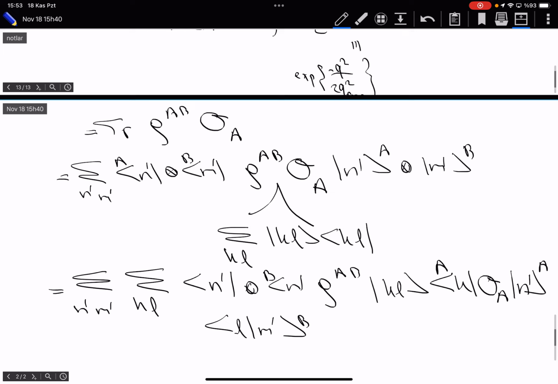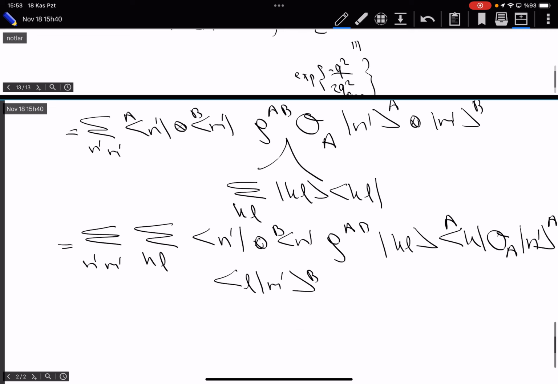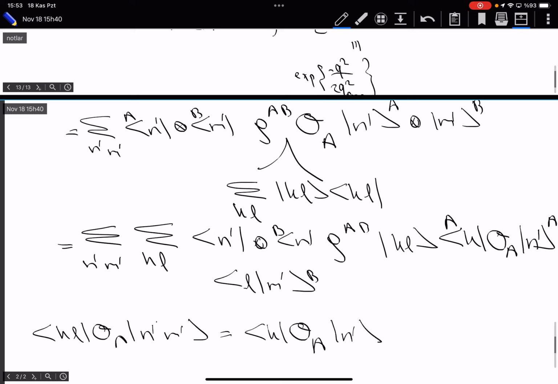Here I already used that O_A only acts on the wave function of the A system, not the B system. So that I could write this as K O_A n prime times L m prime.